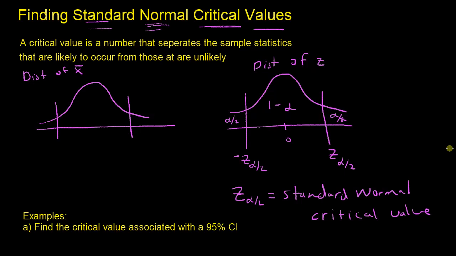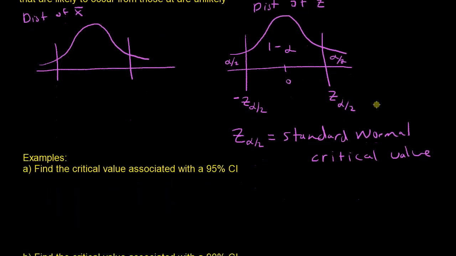Let's do some practice where we have to find the critical values. Let's find the critical value associated with a 95% confidence interval. What this means is we have 95% of the distribution in the center, so 0.95. This is the distribution of z.